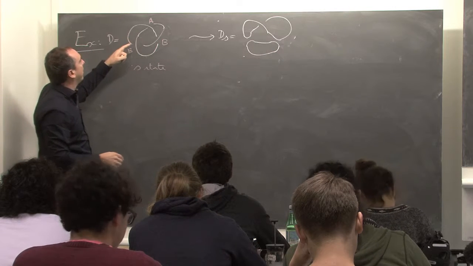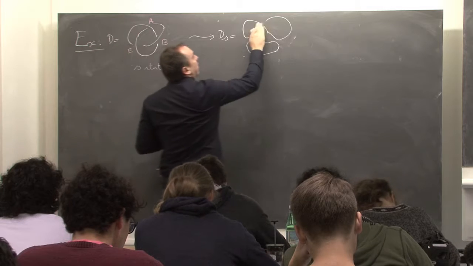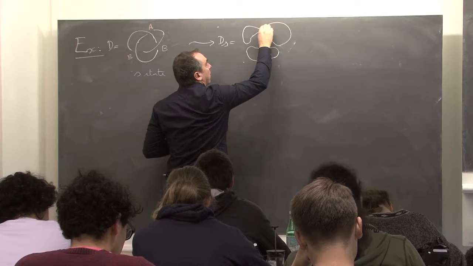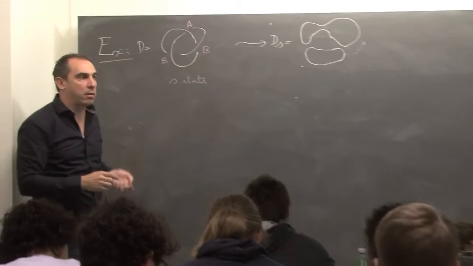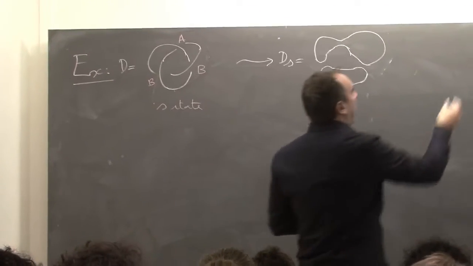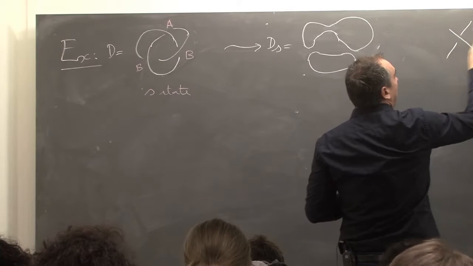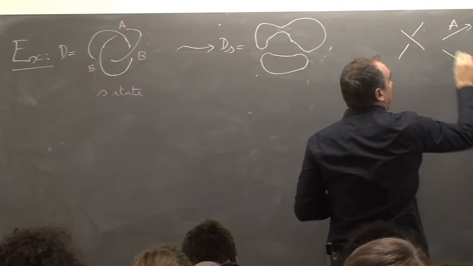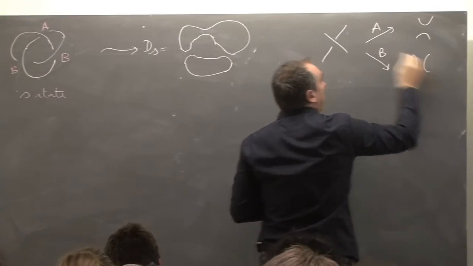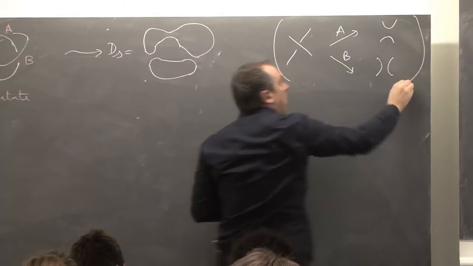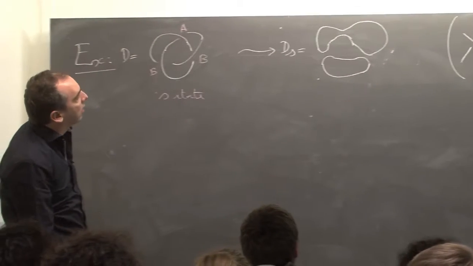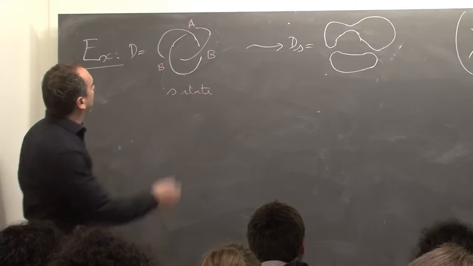And this one is A, so it will be like this. So here we obtain two circles. I recall that we have this rule, A gives this, and B gives this. Using this rule, we obtain this system of circles. Okay.